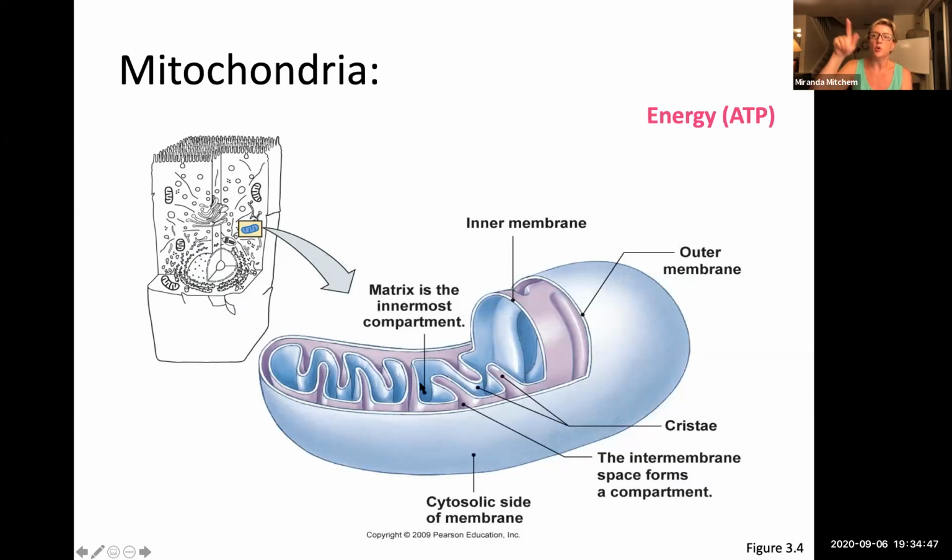So by having more inner membrane, there is more cellular machinery to do the job of the mitochondria, which is to process energy. That's what it gets down to. We have more material to do the job. So it makes this organelle, the mitochondria, more effective in the production of energy.